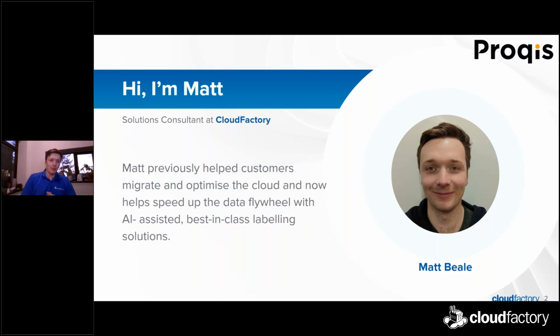First off, a little bit about me. I've spent 10 years within the IT sector. The first part was helping multinational customers and public sector organizations move workloads into the public cloud and optimize those public cloud environments. More recently, I've transferred over into the AI and machine learning space, and now I advise customers on how to scale models where they might have a small proof of concept or a proof of value they've built internally, but they want to bring it out into production, whether that be through labeling, through machine learning strategies, or whether it be model development.